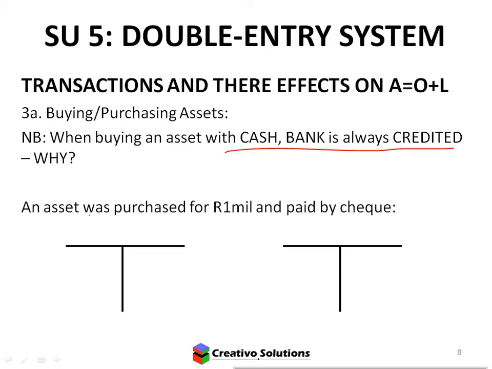Here's the scenario. An asset was purchased for 1 million and paid by check. What are we going to circle, highlight, underline? What else? If you want to, you could also put the 1 million with that, paid by check, because that tells you your bank is going to be affected.